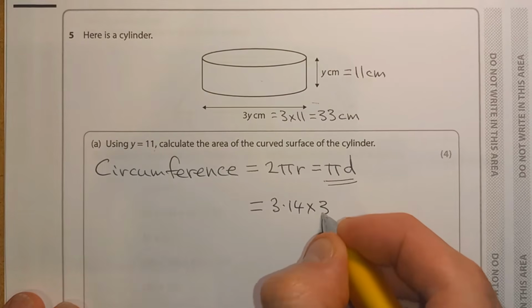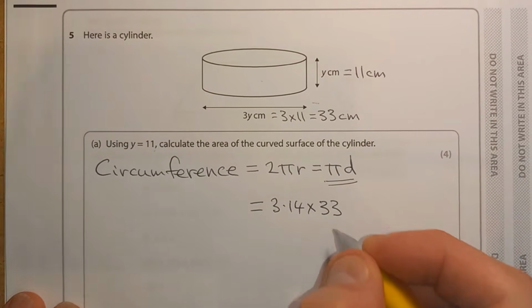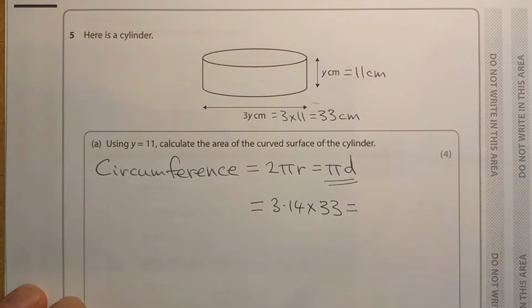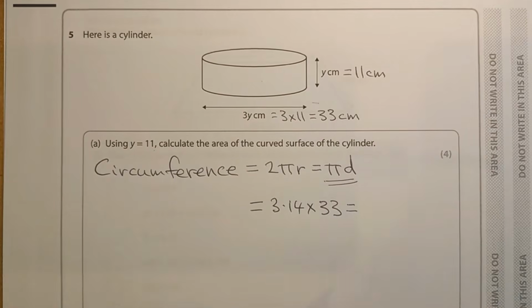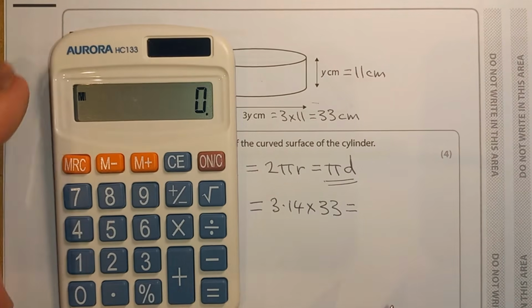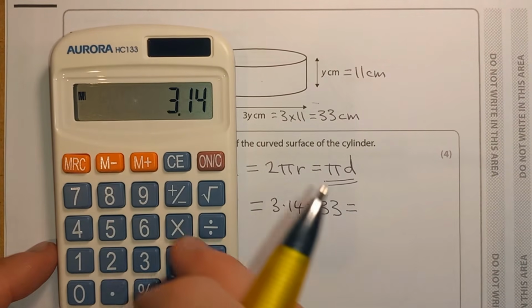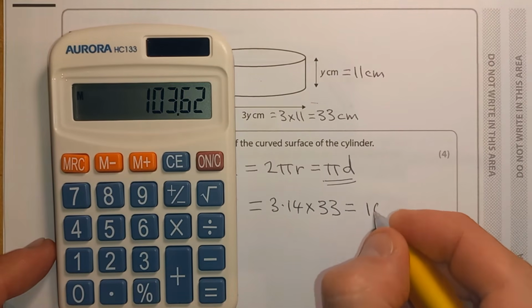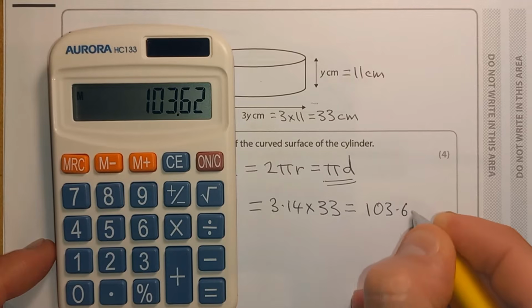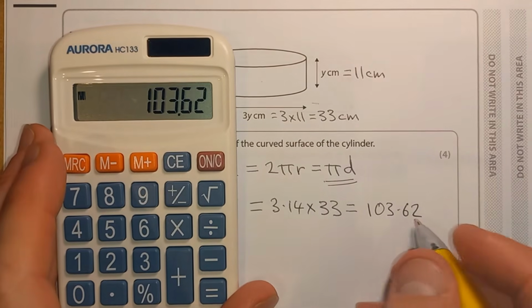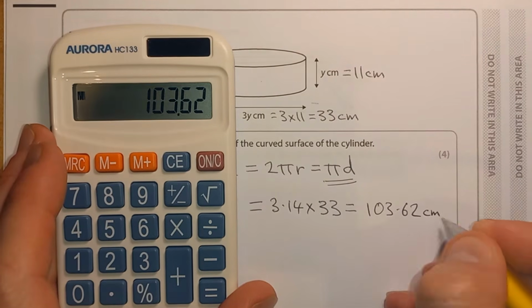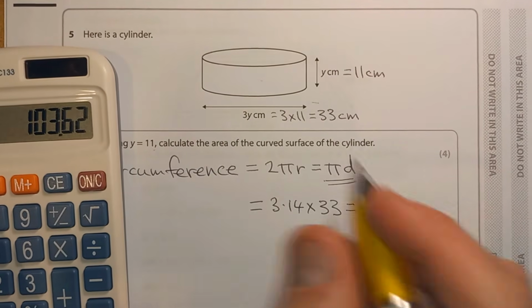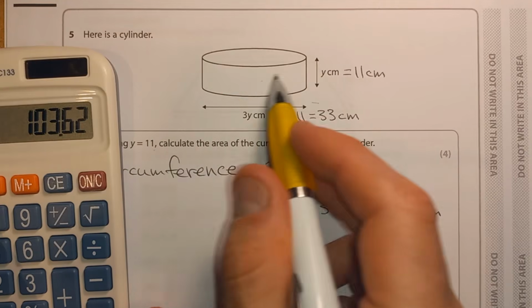And the diameter is given here of 33 centimetres. Okay, so if we do our calculator, 3.14 times 33 gives us 103.62. Okay, and that's centimetres because it's the circumference.